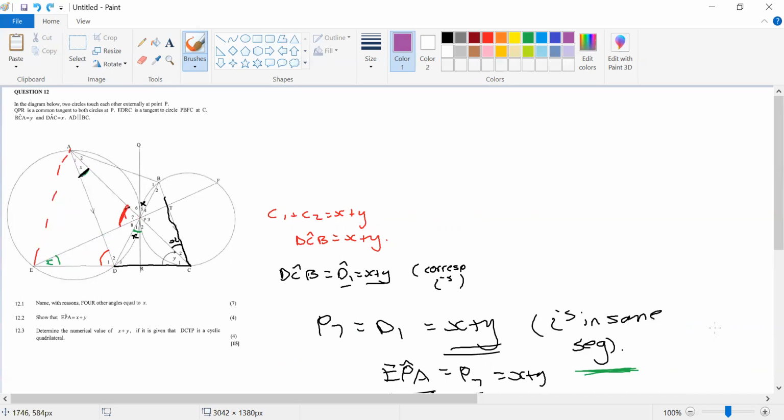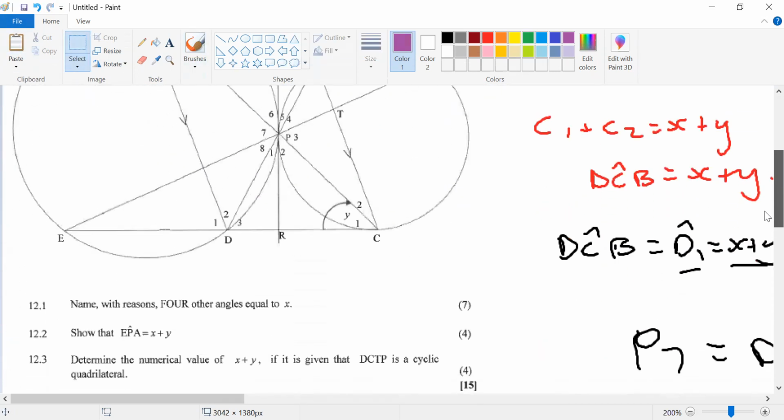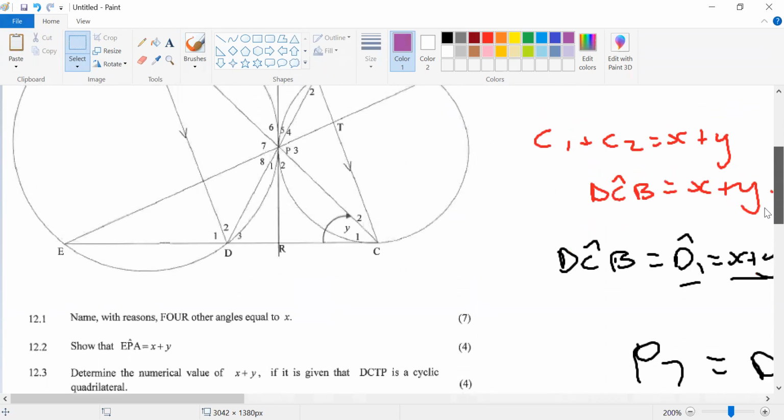All right, awesome. So the last thing here now is to determine the numerical value of x plus y if it is given that DCTP is a cyclic quadrilateral. So I'm going to first put a new page. They're asking us to determine what x plus y is if it's given that DCTP is a cyclic quadrilateral.